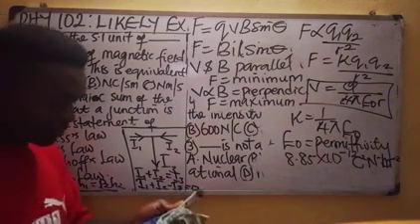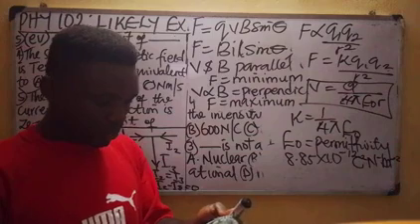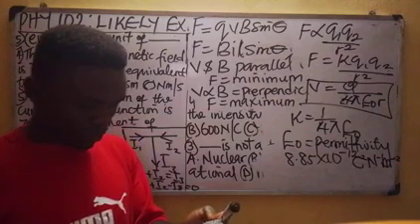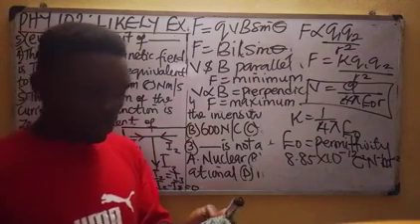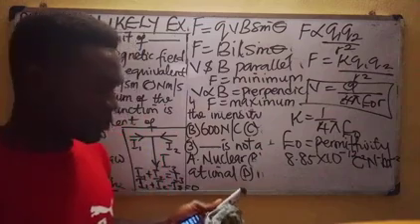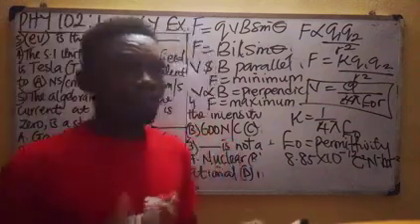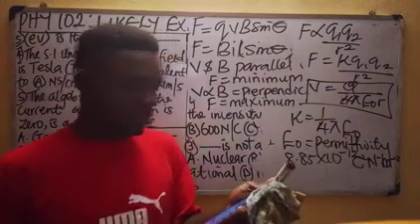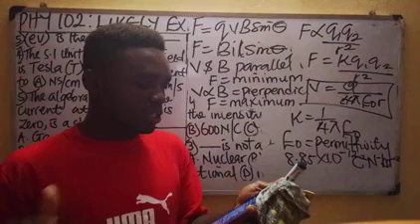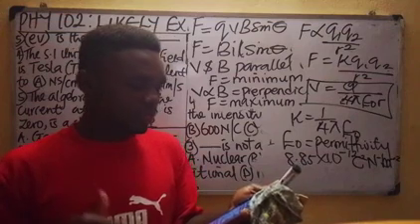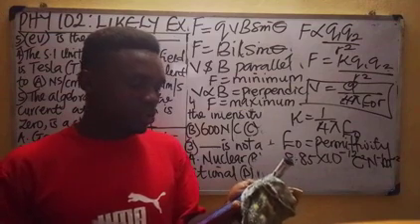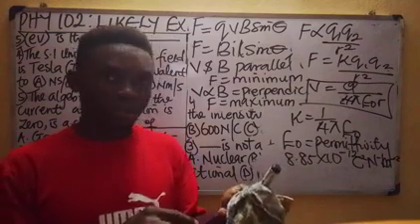Now the next question is actually long, but if you know what you're doing, you don't have to read everything. Kirchhoff's current law states that: A, the algebraic sum of all potential drops across the passive elements of a closed circuit is equal to the resultant EMF in that circuit.